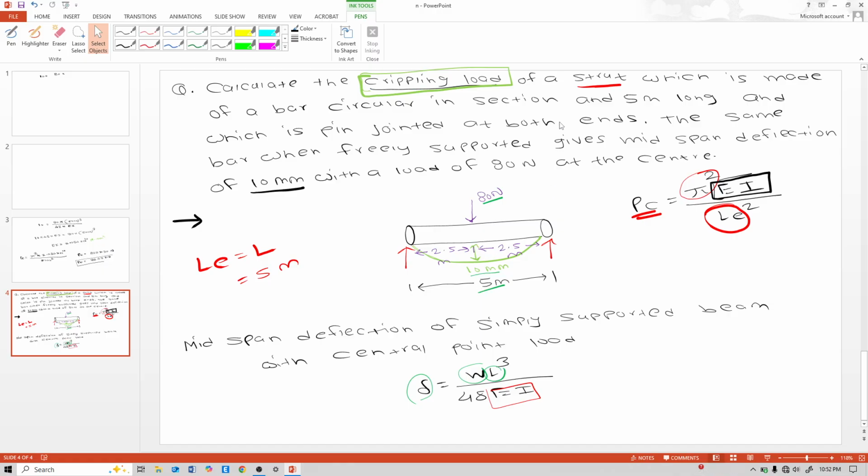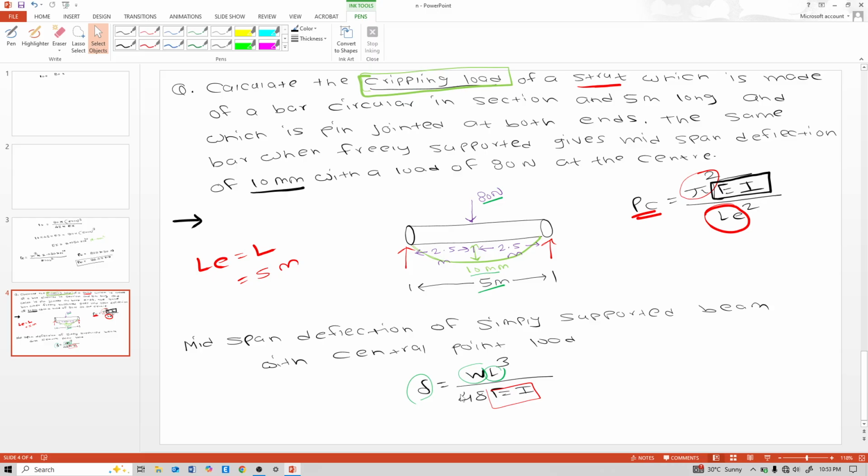Yes, in the numerical they told us that this is a strut, but by seeing this 5 meter length, there is doubt behind that question. Yeah, but the solving methodology is correct if they are interested to find this crippling load with the help of this deflection.